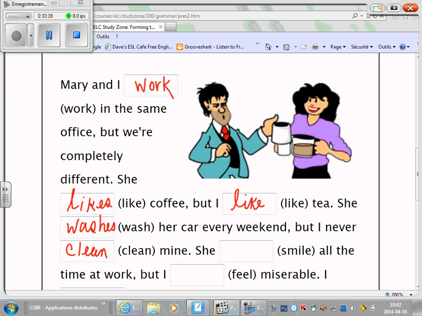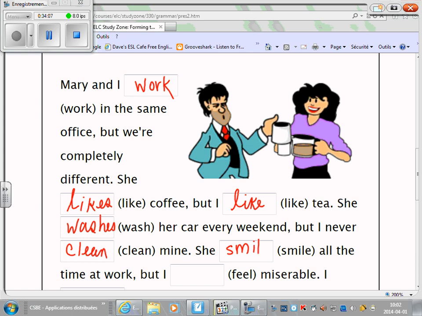She, the verb to smile, all the time at work. No, because we have all the time. All the time means what? Tout le temps, so it's a habit, yes. So she smiles, simple present. Oopsie, sorry. She smiles.